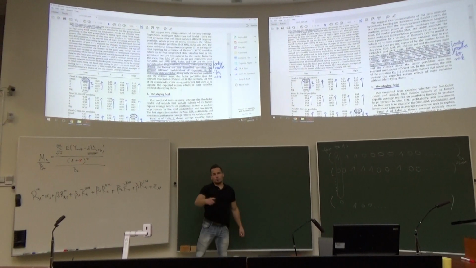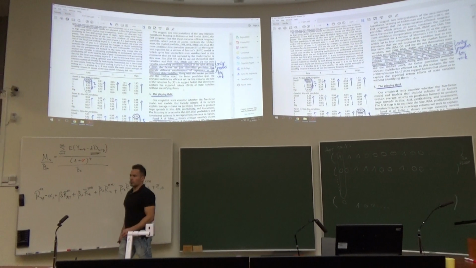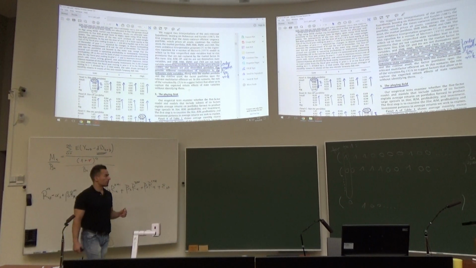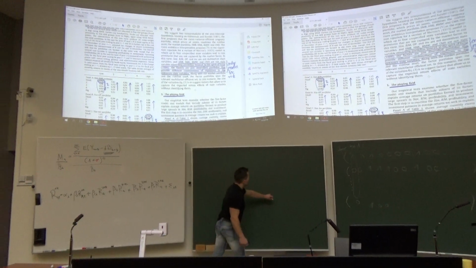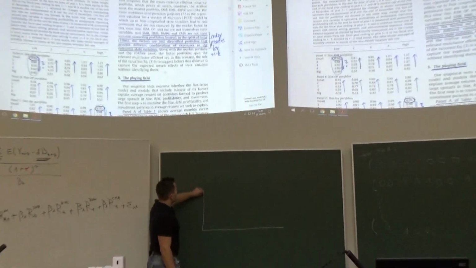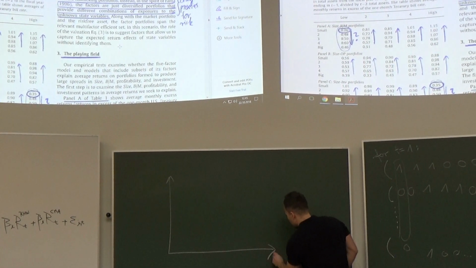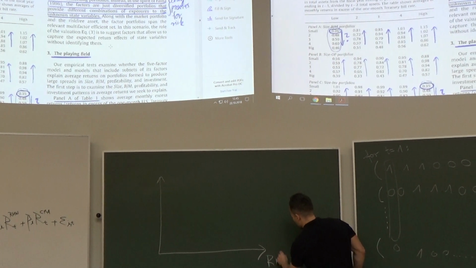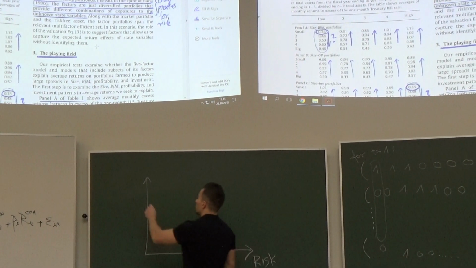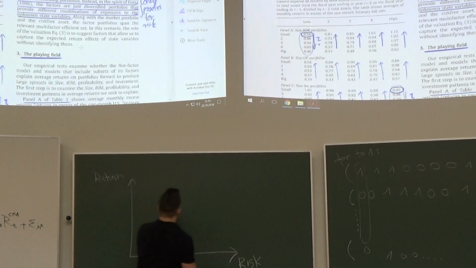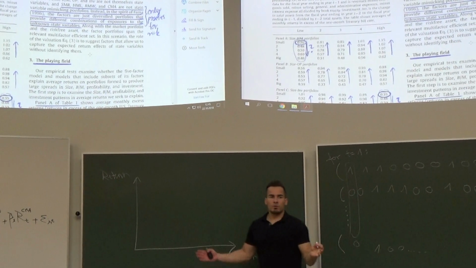Has any one of you heard about the critique of the CAPM? Now we are back in undergraduate studies. We have the risk and return dimension. We have the whole universe of stocks.